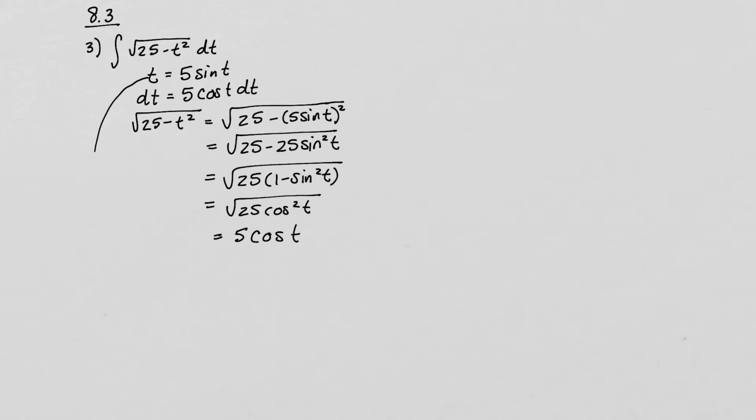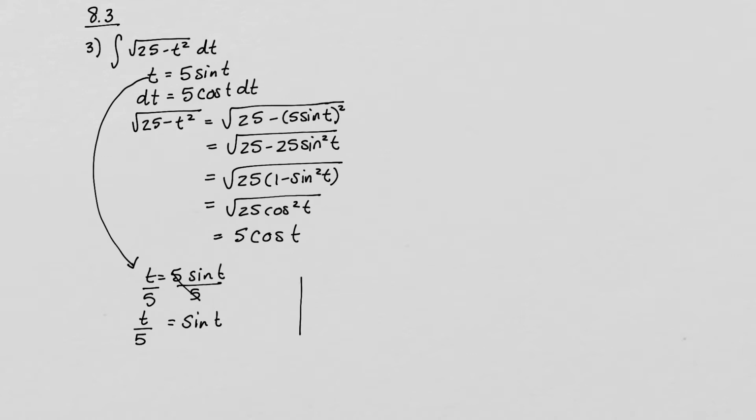I'm also going to eventually need that triangle, so I might as well look at it now. So t is equal to 5 sine t. If I divide both sides by 5, the sine of t is equal to t over 5. Let me put this up here so I don't accidentally move a page.